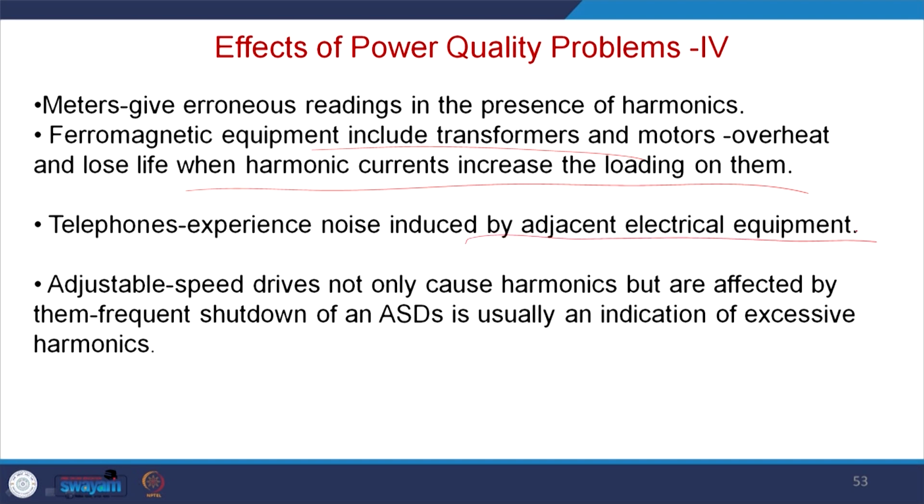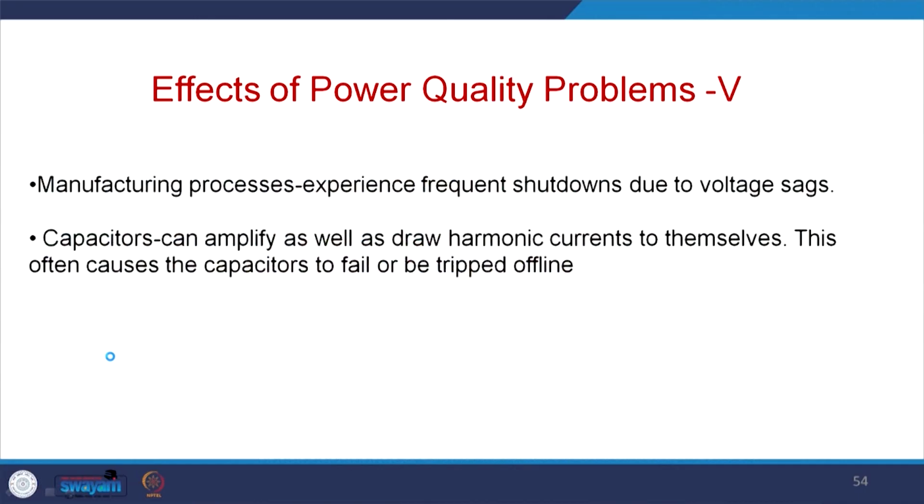Adjustable speed drives not only cause harmonics, but are affected by them. Frequent shutdown of the adjustable speed drive is usually an indication of excessive harmonics, and its life also reduces due to the high contamination of harmonics. Manufacturing processes, one of the important entities, experience frequent shutdowns due to voltage drop and voltage sag.